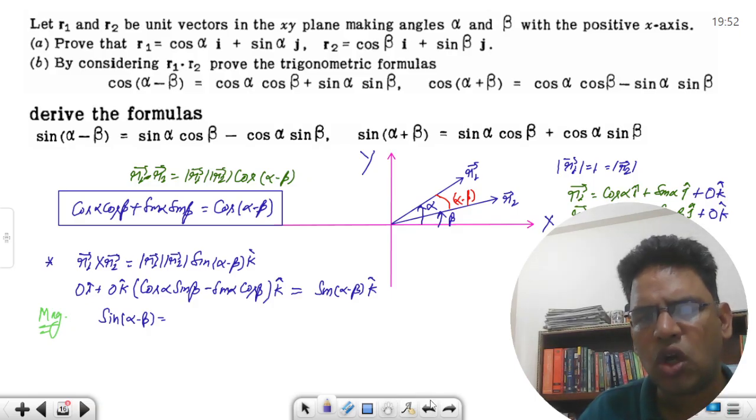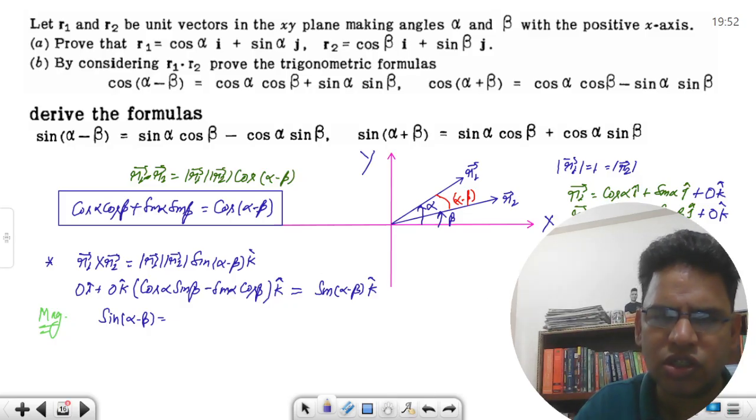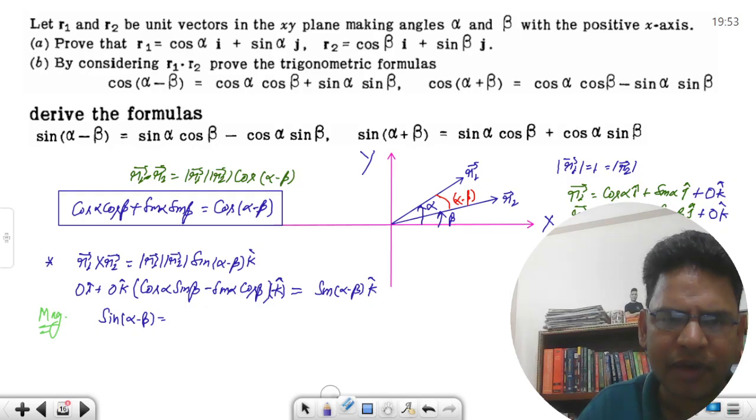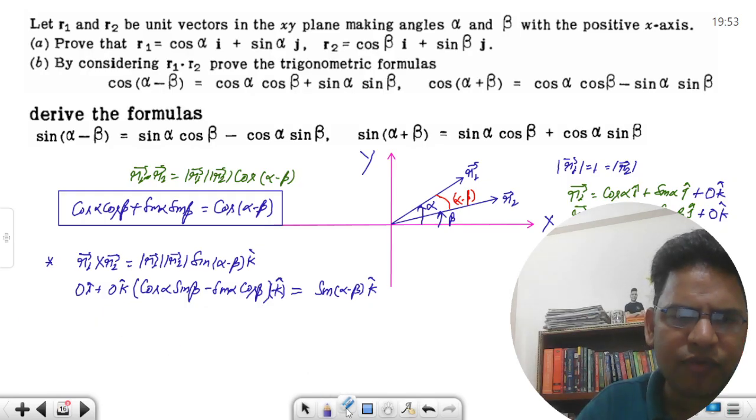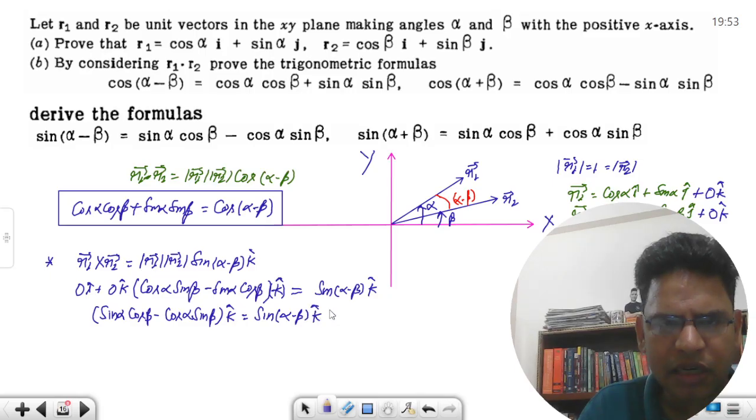I am supposed to take r2 cross r1, but I have taken r1 cross r2, so it is going to be minus k cap. Just don't make a mistake, because in a right-handed system this is minus k cap. So if it is minus k cap, it is the same as sin alpha cos beta minus cos alpha sin beta in the k cap direction, equal to sin(alpha minus beta) k cap.